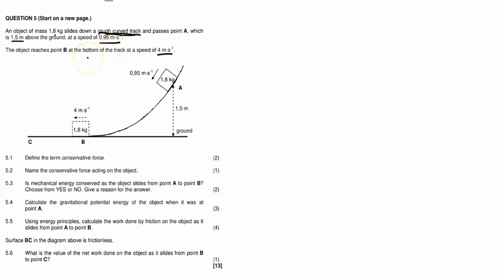That means there's friction, so mechanical energy is not going to be conserved. That is where you make use of those equations, the work done by a non-conservative force, the work-energy theorem, and all those. So it's a no, because there's friction.